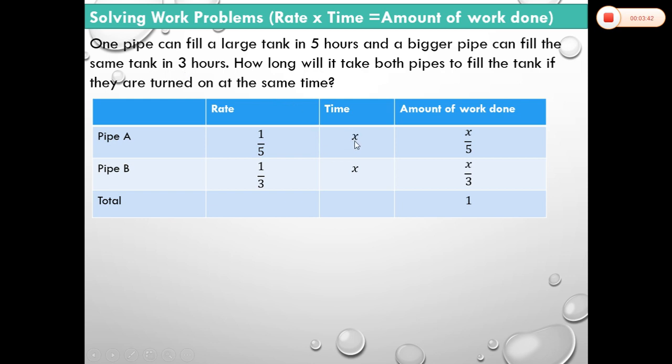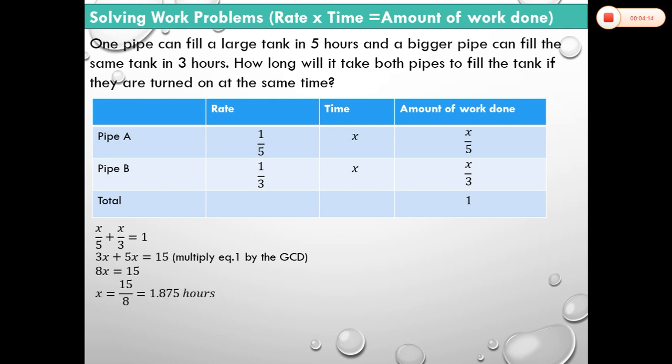The time for the two pipes working together will be denoted as x. The amount of work done for each is x over 5 and x over 3. The equation: x over 5 plus x over 3 is equal to 1. Multiplying the whole equation by the GCD, we get 3x plus 5x is equal to 15. Then 8x is equal to 15.